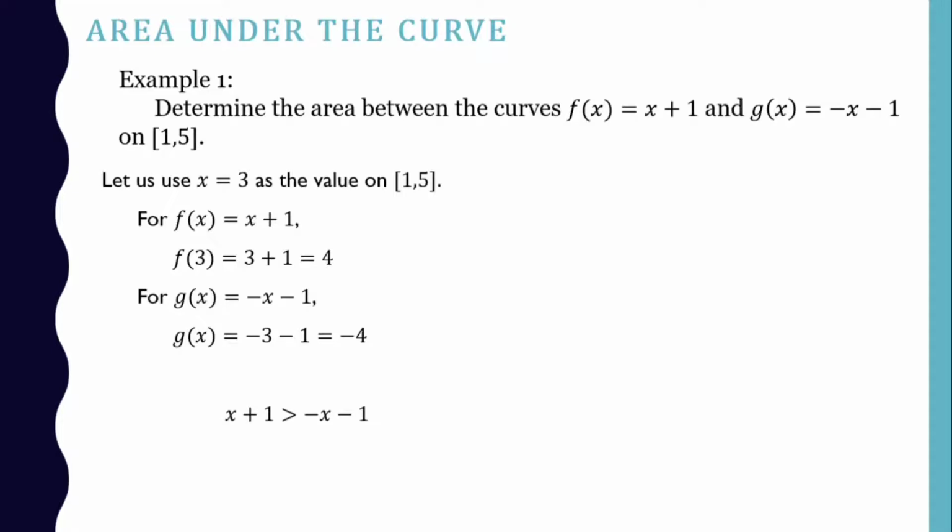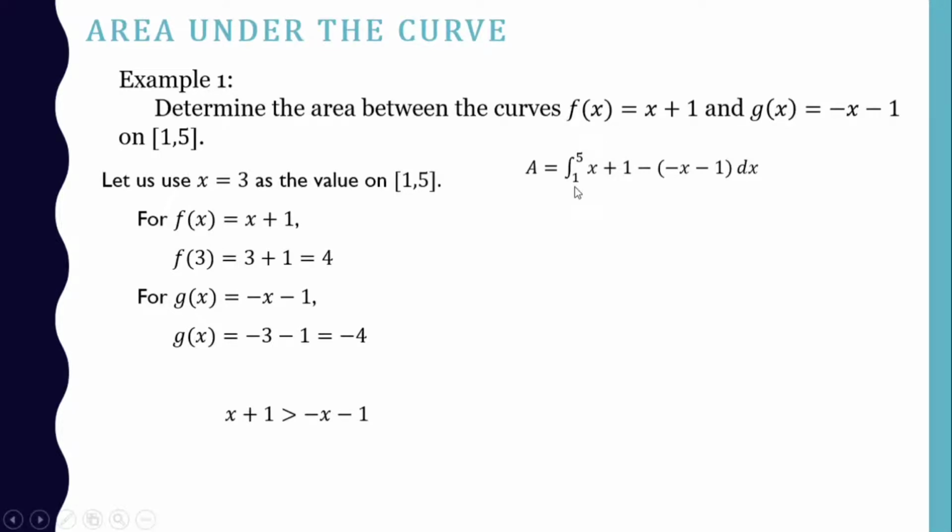So we can now get the area of the region between the given curves. To take the area, we get the integral of x plus 1, that's our upper function, minus negative x minus 1, that's the lower function, dx from 1 to 5, which is our given interval.